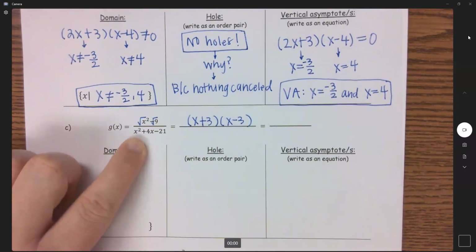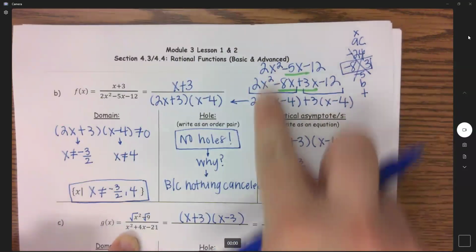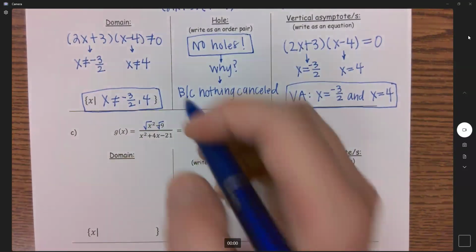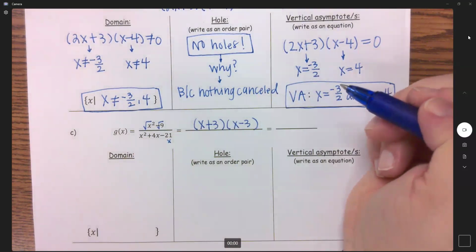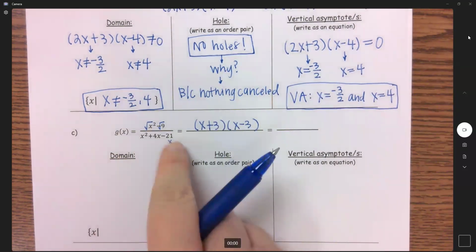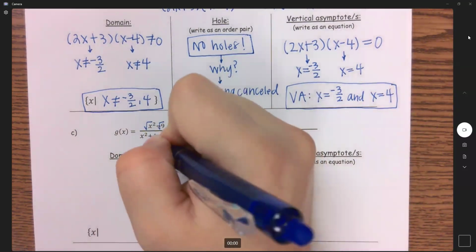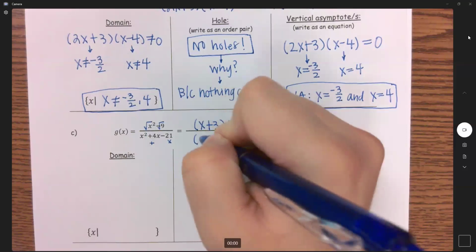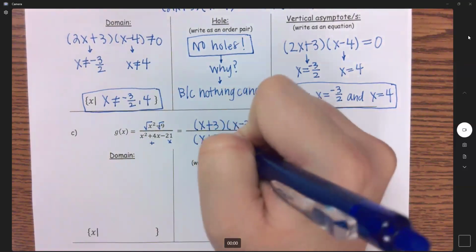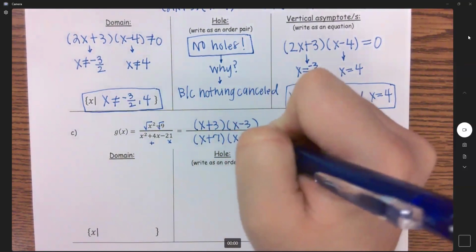And then because this is an easy trinomial, I don't need to go and work it off to the side. I need two numbers that multiply to your c or your AC, which is 1 times -21, and add up to your b term, which is your 4. And that's going to be x plus 7 and x minus 3.